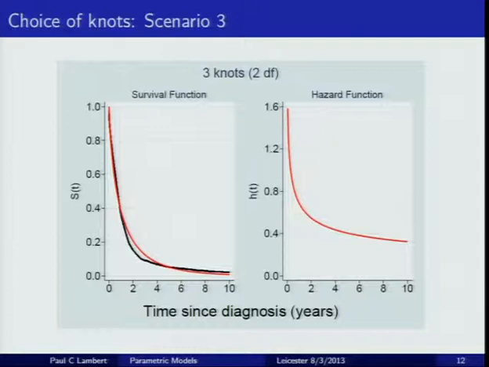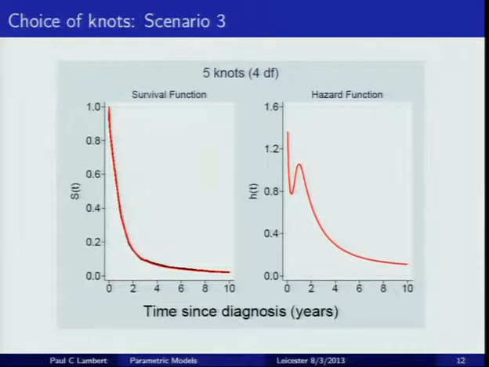Now, as we increase the number of knots, so we're putting more parameters into estimating the baseline, we start to pick up this shape where there are two turning points. And basically, with this data, once we get to these 5 knots, or essentially 4 degrees of freedom modeling the baseline, we're getting pretty close.